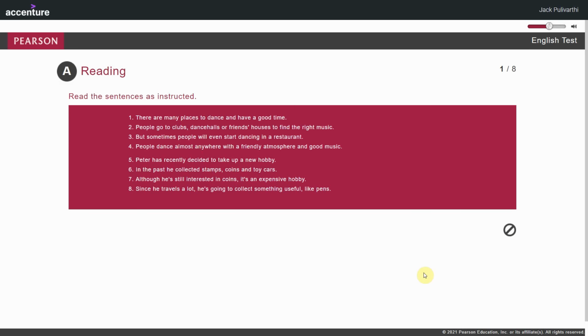Please read sentence 1. Now read sentence 2.